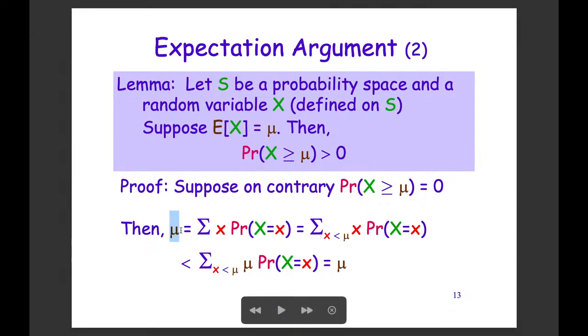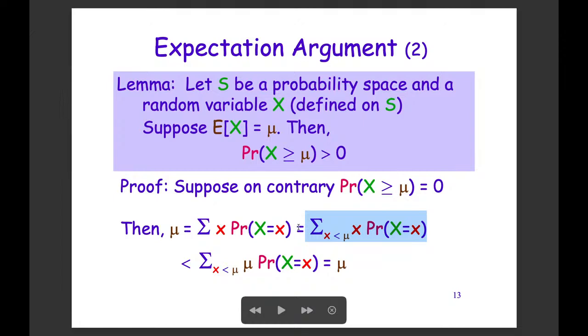The expected value is computed by the summation over all the possible values of x, weighted by the chance that the random variable x is equal to this value of x. And because the chance that the random variable x is greater than or equal to mu is equal to 0, this summation can focus on all the values of x that are strictly less than mu. So we are ignoring the case where the little x is greater than or equal to mu.